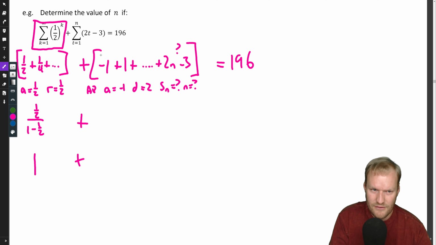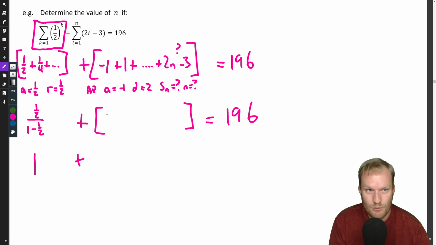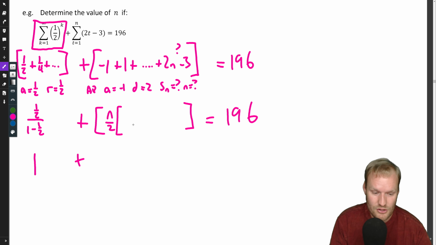So let's leave that as it is and say that whole thing equals 196. But it's a sum of some kind. So we know how to work out the sum of an arithmetic progression. It's n over 2, right? And n over 2, 2a plus n minus 1 d.